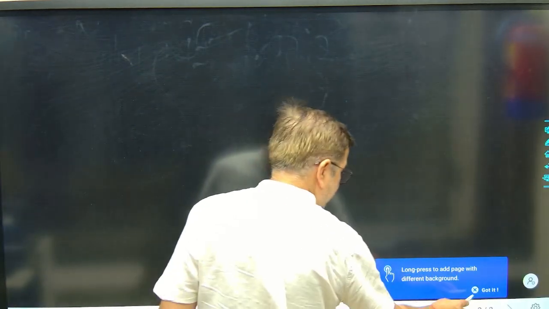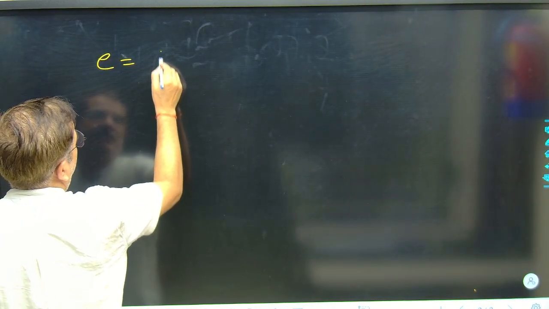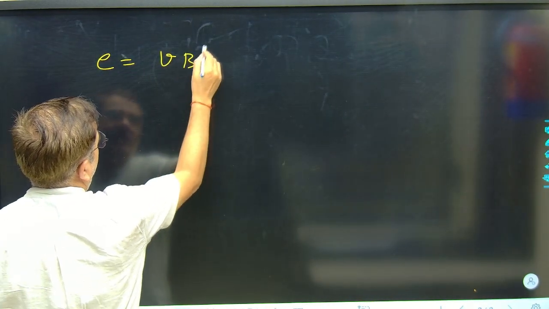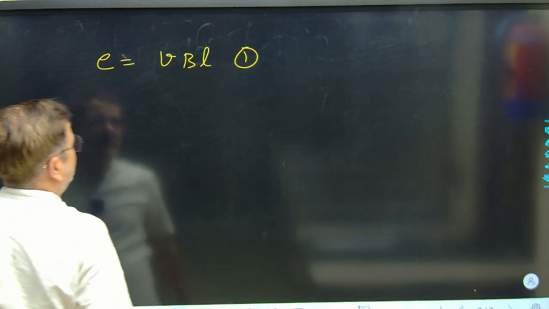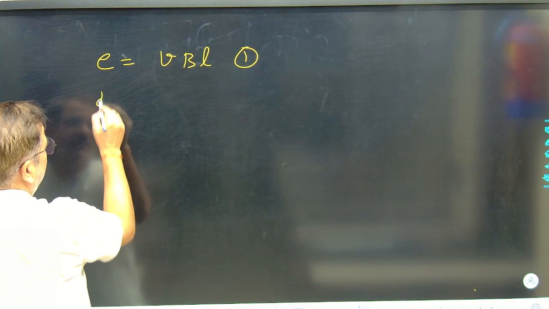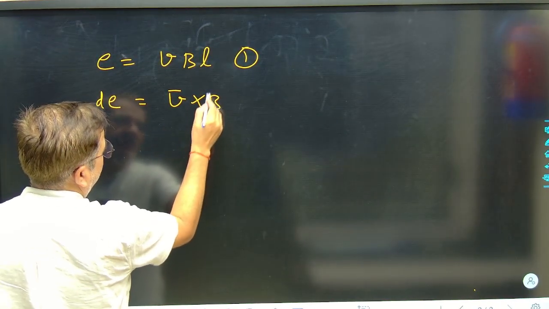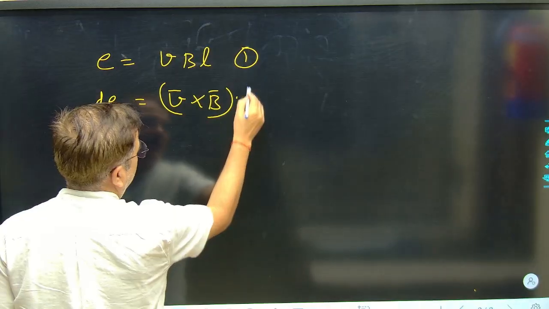Next, once we have this motional EMF arrangement, here this EMF E was V B L. This, in terms of magnitude, I have written. Otherwise, for any small length of the rod, dE will be V cross B dot dL.